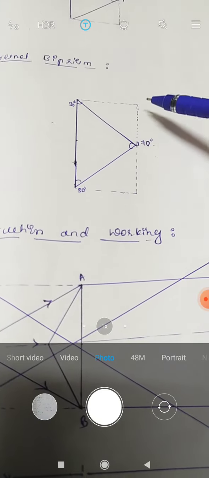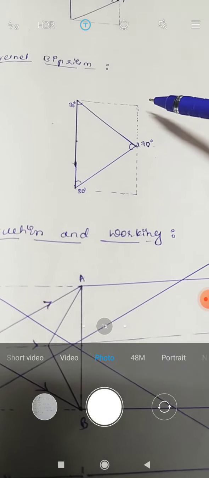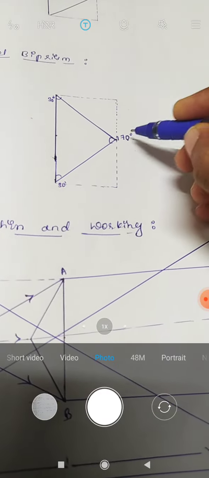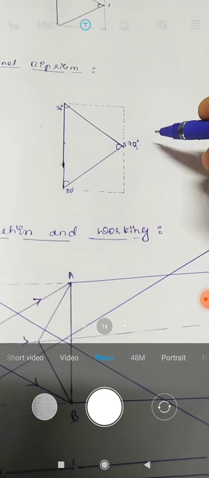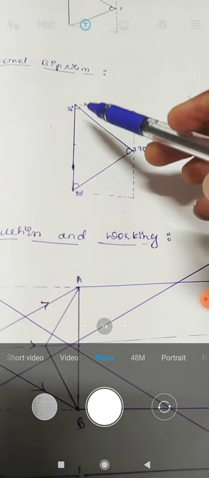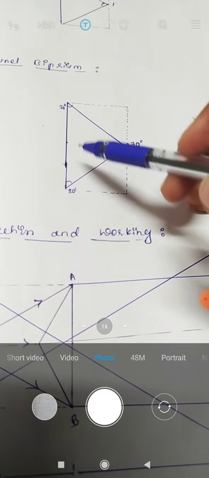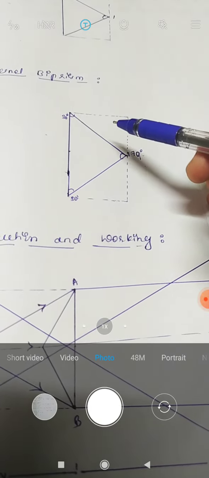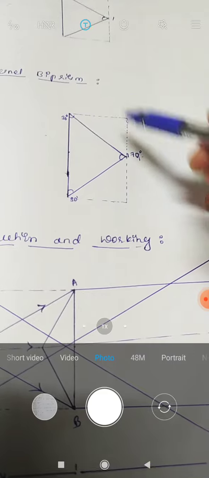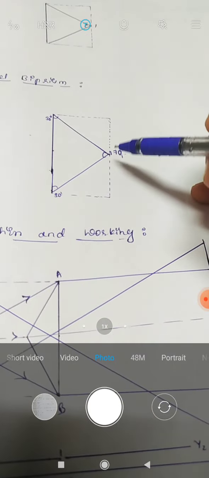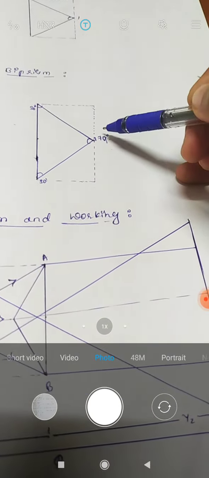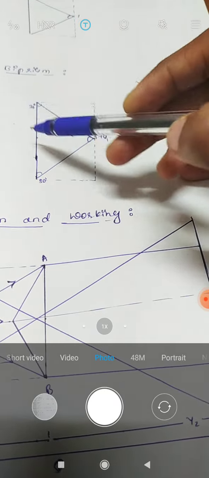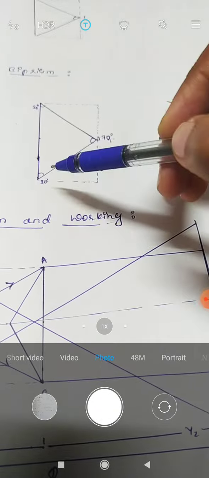Hence, it is a single prism having an obtuse angle of 179 degrees, and the other two angles are about 30 minutes each. The prism almost appears as a thin rectangular plate. We can observe here the obtuse angle of 179 degrees and the two acute angles of 30 minutes.